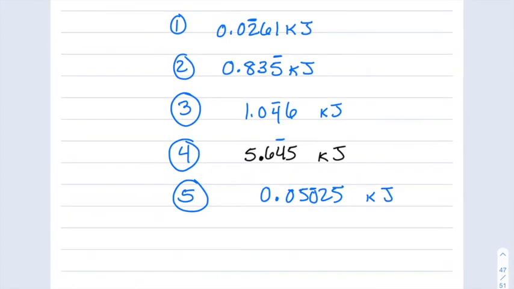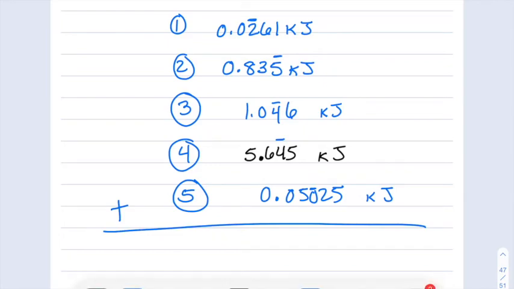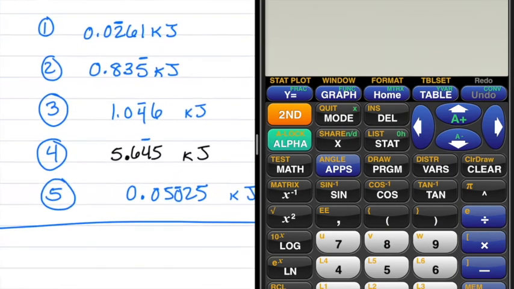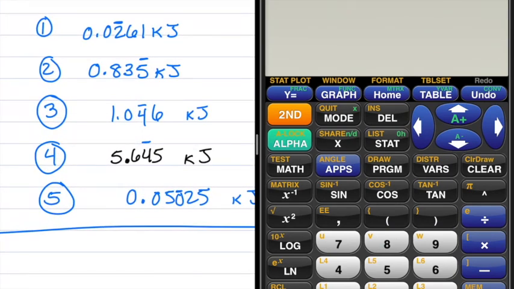All right. So I know the sig figs weren't as secure as we usually have them, but any questions on how we got these values or what we're talking about with the sig figs here? Okay, so let's go ahead and add these up. All right, so it looks like 0.0261 plus 0.835 plus 1.046 plus 5.645 plus 0.05025.